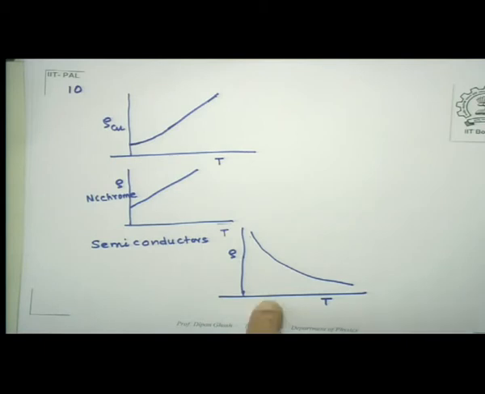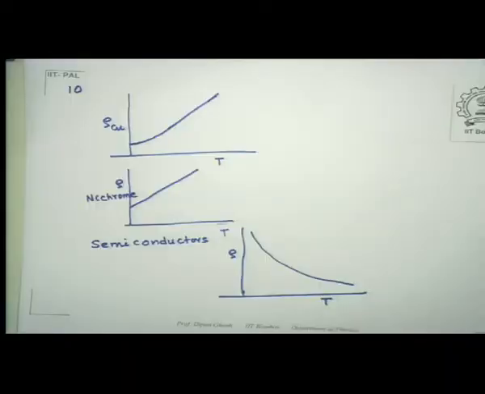If you look at the way the resistance of a sample changes when you increase the temperature, if the substance happens to be a conductor, then the resistance will rise with the increase in temperature. In other words, the conductance will decrease.